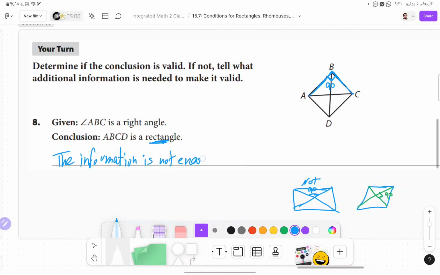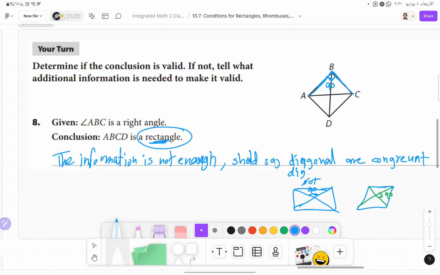So how can I make this enough in order to make this a rectangle? To make this a rectangle, it should say the diagonals are congruent, or he can just say that the diagonals are not perpendicular.